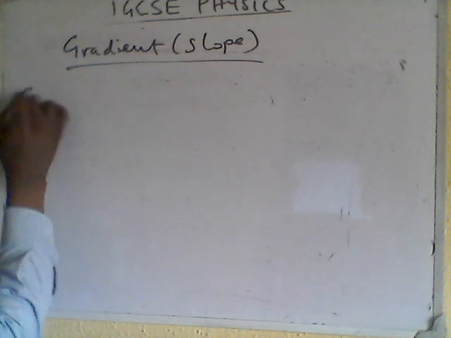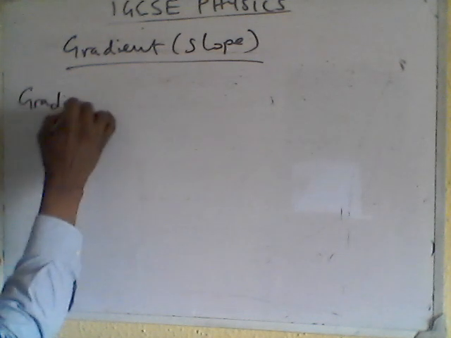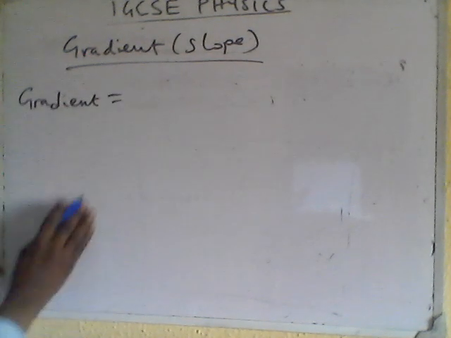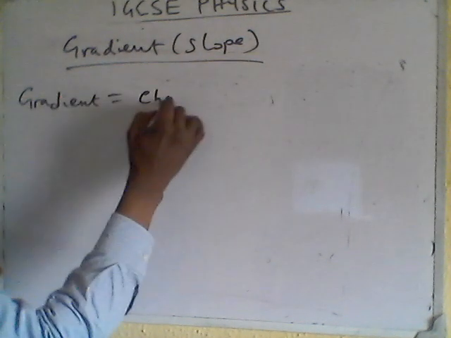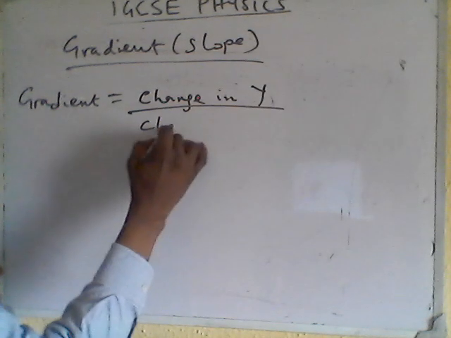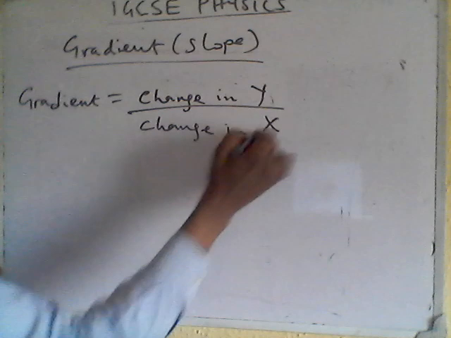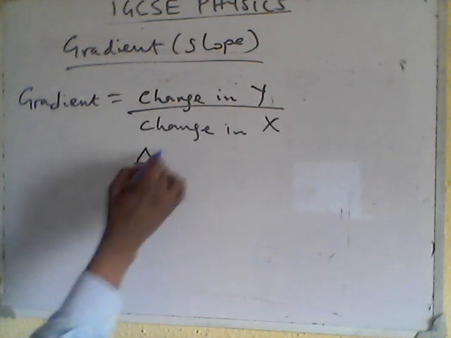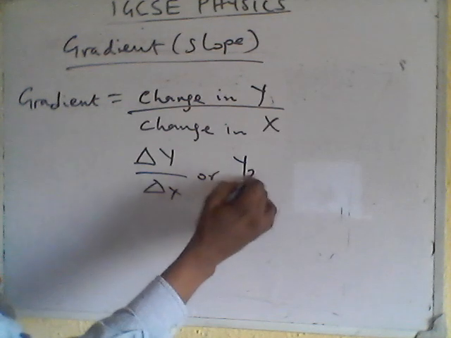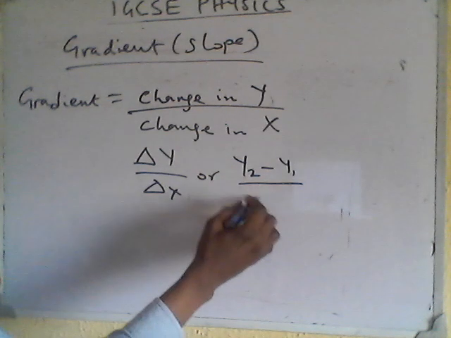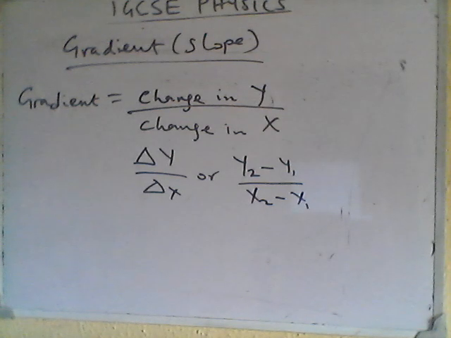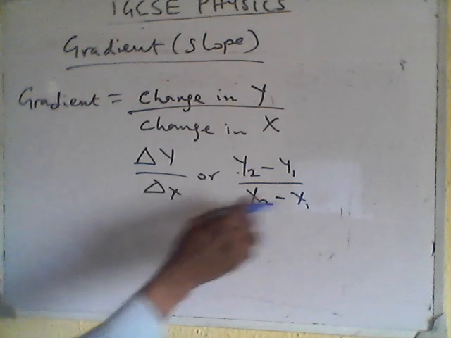So gradient is a quotient, or say ratio, between the change in y over change in x, which you can write as y2 minus y1 over x2 minus x1. These are actually points on the graph.